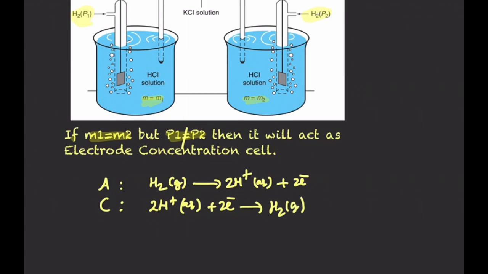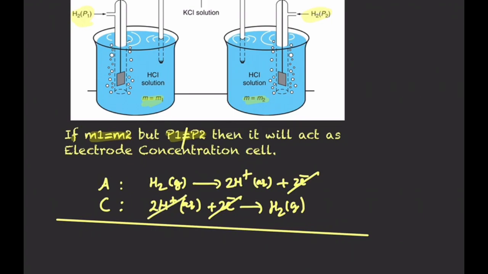If I add these two reactions, the electrons on the left hand side and right hand side cancel out. Since the molarity of H plus ion on both sides is the same, that also cancels out. So the reaction quotient for this concentration cell is equal to the pressure of hydrogen gas in the cathodic compartment upon the pressure of hydrogen gas in the anodic compartment.